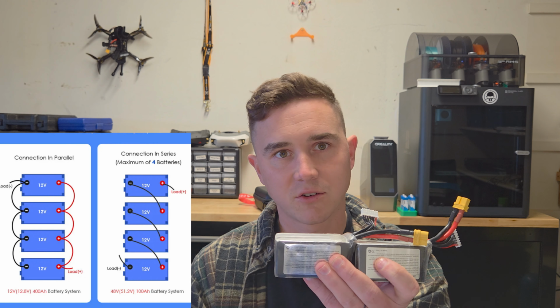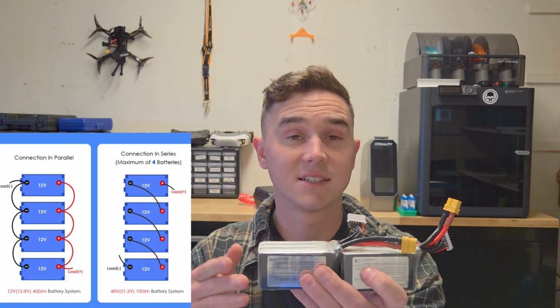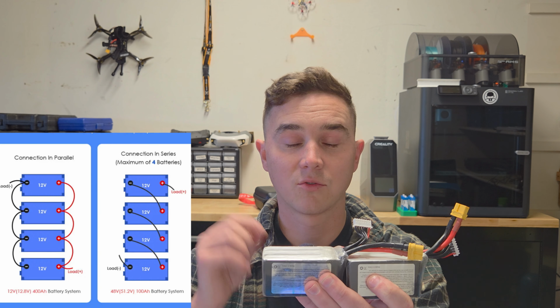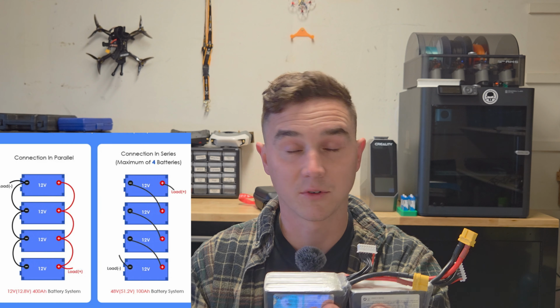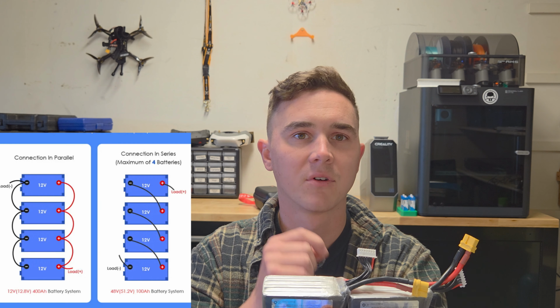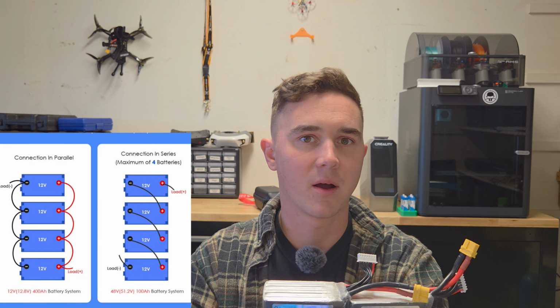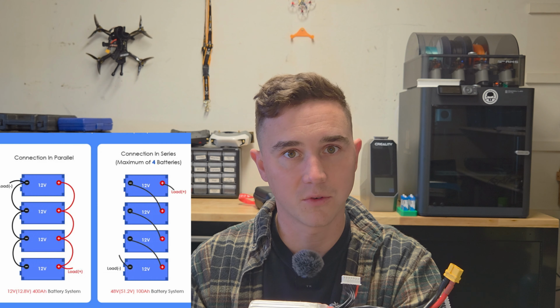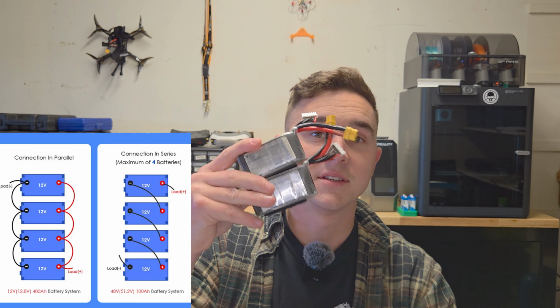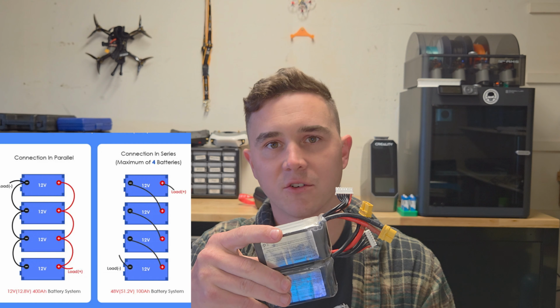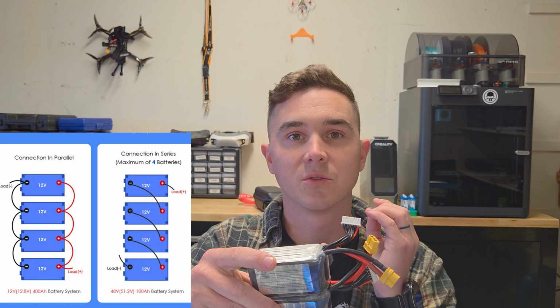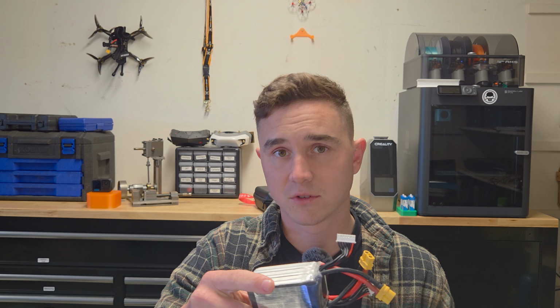So if I have two 1400 milliamp hour batteries here at 6 cells and 22.2 volts respectively for nominal, I'm going to have a 2800 milliamp hour battery that's still at 22.2 volts. If they're in series, I'm going to have a 1400 milliamp hour battery that is 44.4 volts. Okay, I'm using nominal just to make it make sense. Generally, think of parallel as more fuel in your gas tank and series as a larger input.